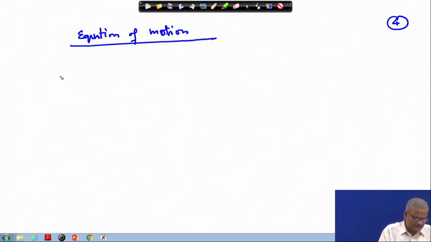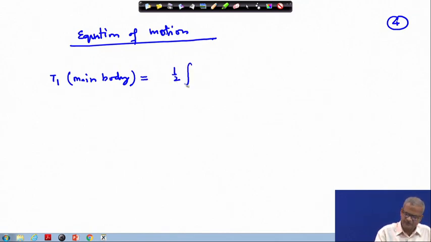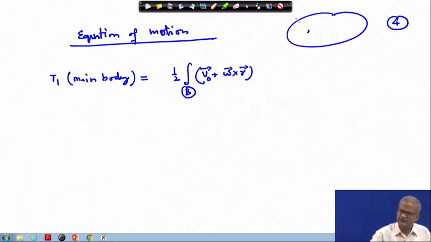Here is the kinetic energy for the main body. I am just writing the result here. This will be given by 1 by 2 integration over the whole main body of V 0 plus omega cross r, where r is any point in the body. So, E 1, E 2, E 3 we have already referred to in this figure.